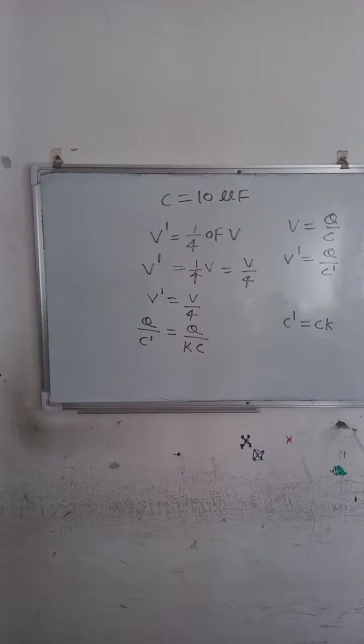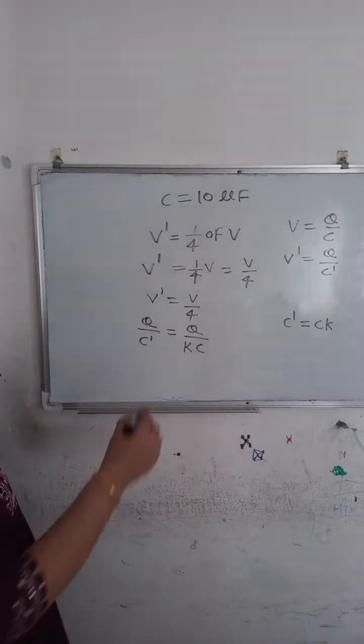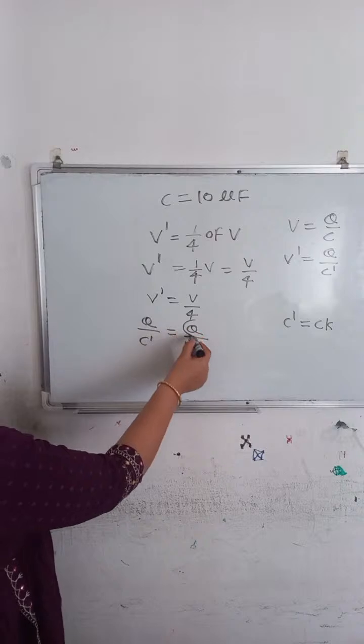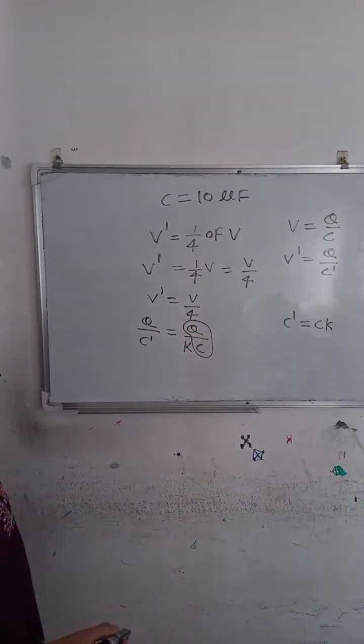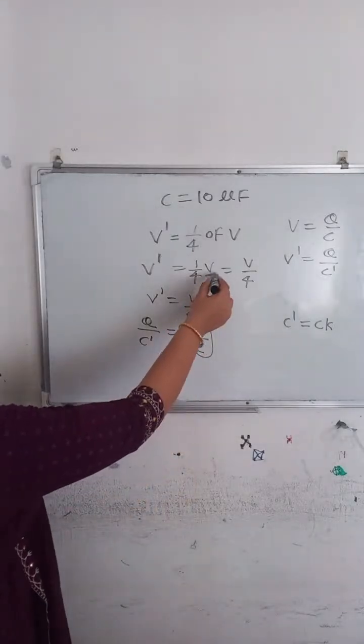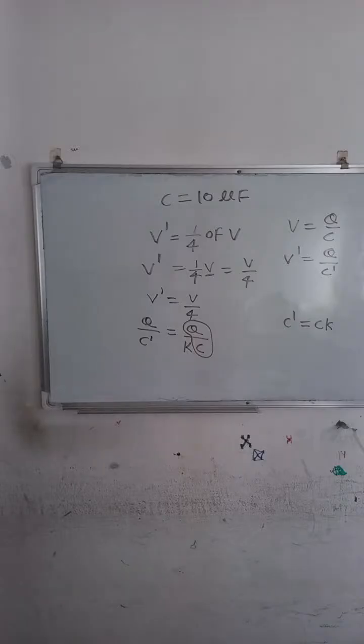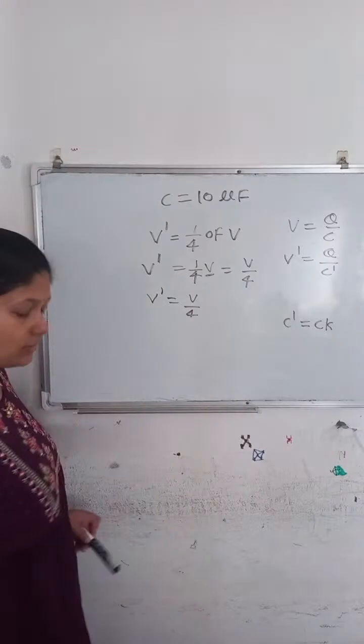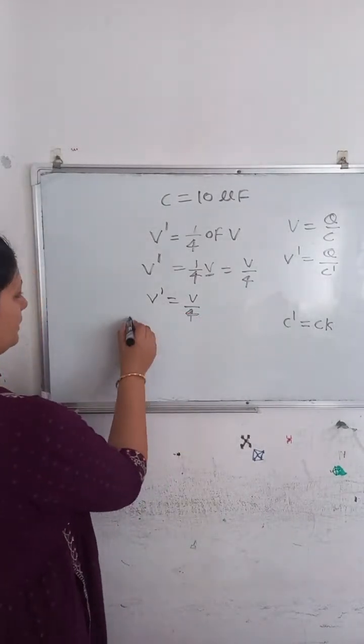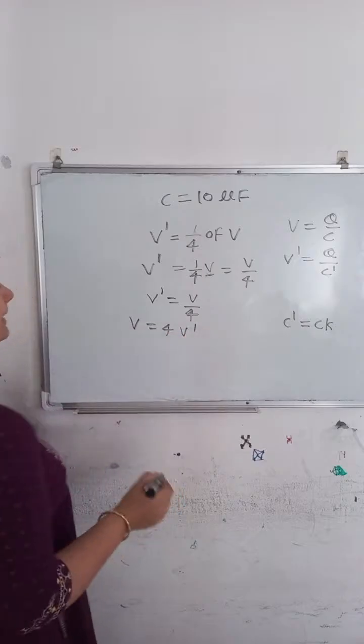Q by C is nothing but V. So what are the substitutions we can do here? If I keep that 4 as it is, then V is equal to 4 times of V dash.